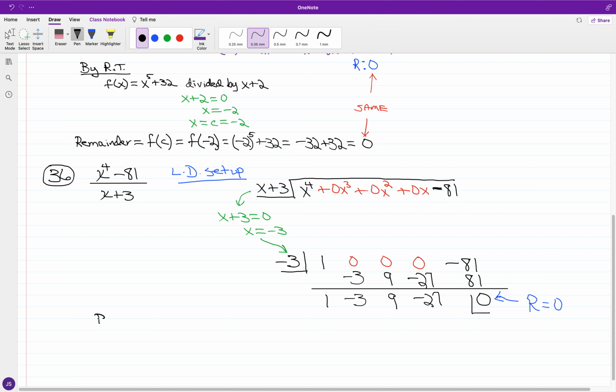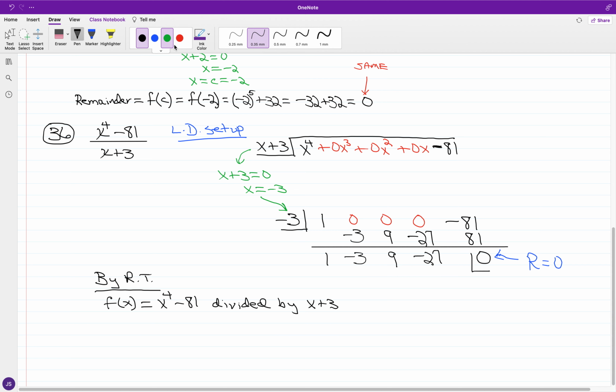And just to recap, with the remainder theorem, you have divided by x plus 3.